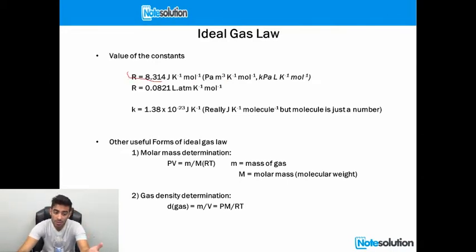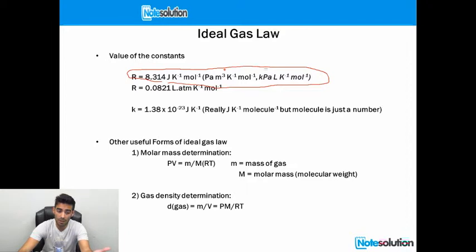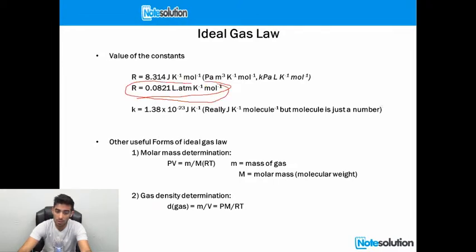You won't be able to use this R, because in this R the unit of pressure is pascals, it's not atmospheres. So most likely, if you have the pressure in atmospheres, you would use this R. And then, for example, you might have the pressure in atmospheres but the volume in cubic meters. This way, you would have to change the cubic meters into liters, and you can continue using the R that you have over here.